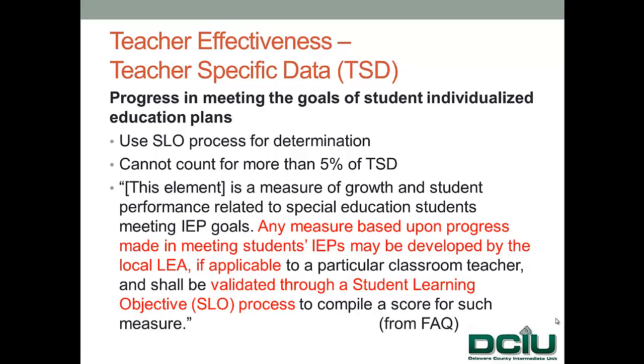What we can say is that the SLO process must be used for the determination of this particular data element. Secondly, this particular portion of teacher-specific data cannot count for more than 5%. Once again, that refers to 1/3 of teacher-specific data. So progress in meeting IEP goals cannot count for more than 1/3 of a teacher's teacher-specific data rating.